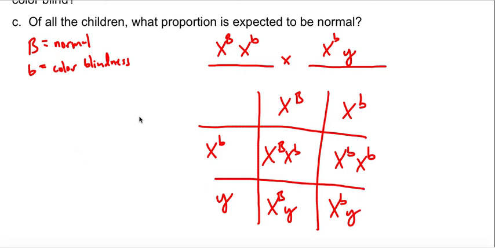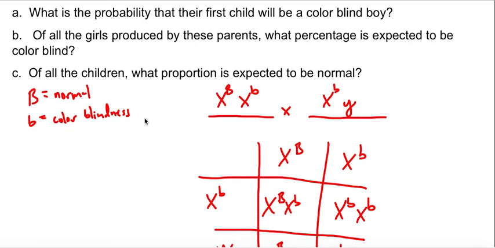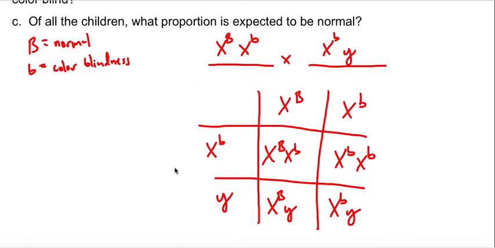All right, so there's our Punnett square. What is the probability that their first child will be a colorblind boy? So there's 1 out of 4 here. So the answer to A would be 25%.